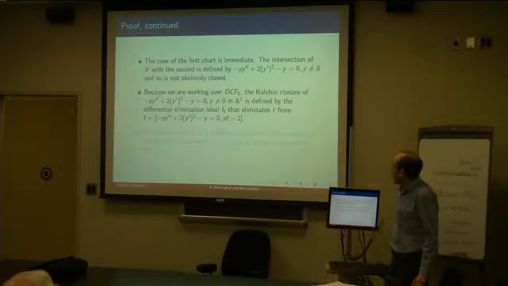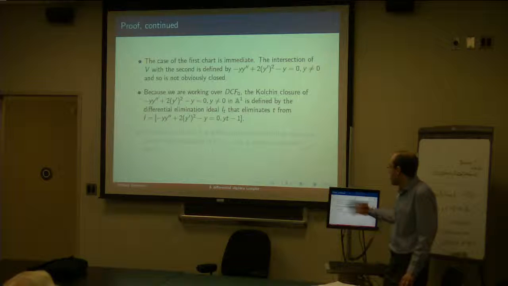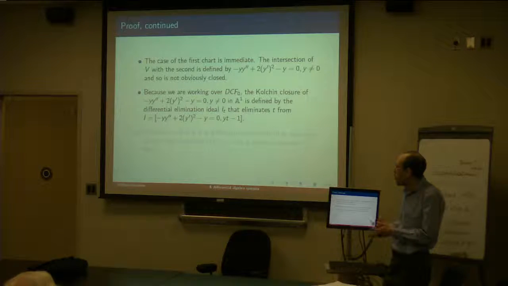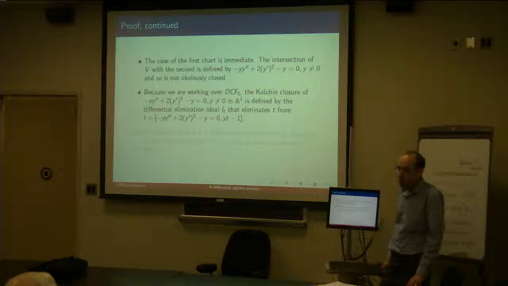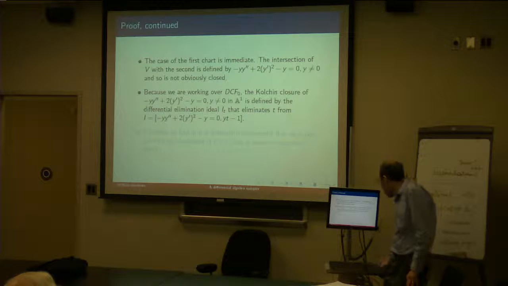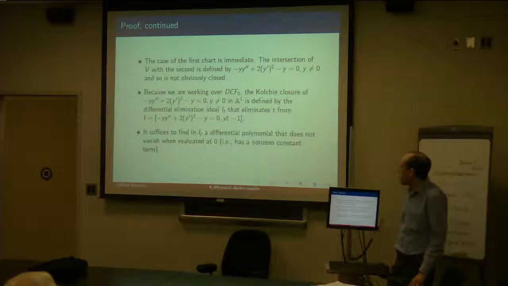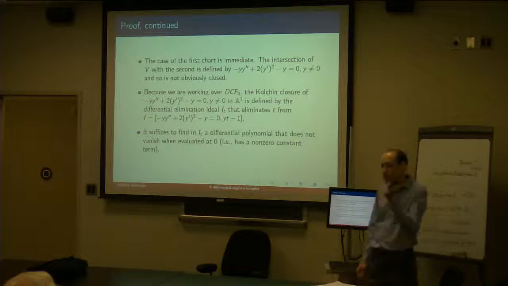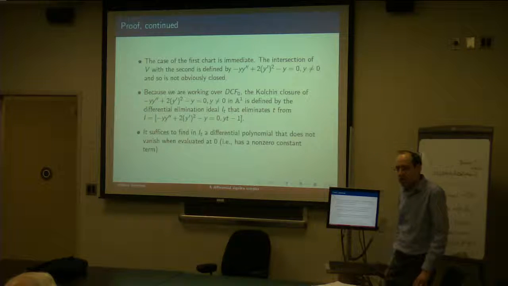Okay, so how do we know that it defines exactly the image? Well, it's the issue of whether or not y kills off everything in the elimination ideal. So we just need to find a differential polynomial that doesn't vanish at 0, in other words, has a non-constant term.